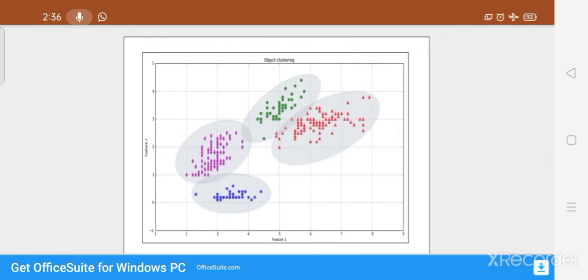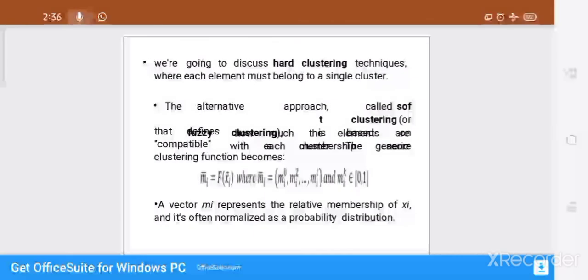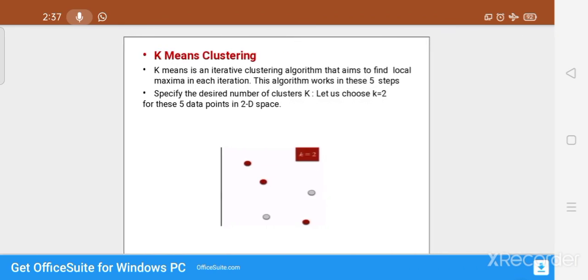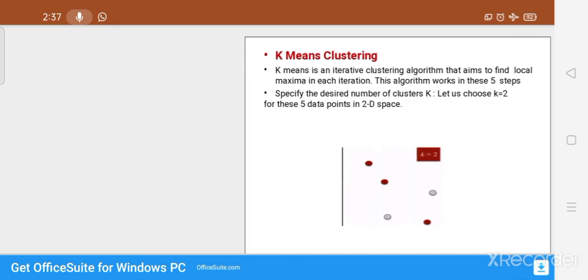This is how we can show the different clusters on the XY plane. These are the data points, and four different clusters form here. So this is all about the clustering fundamentals. In the next lecture we will see the k-means clustering algorithm.